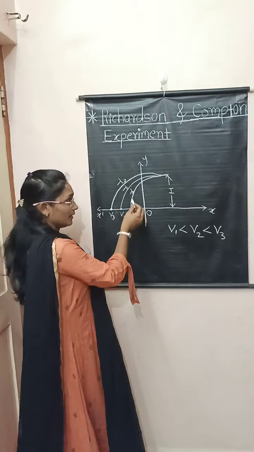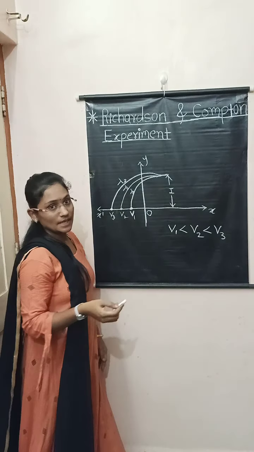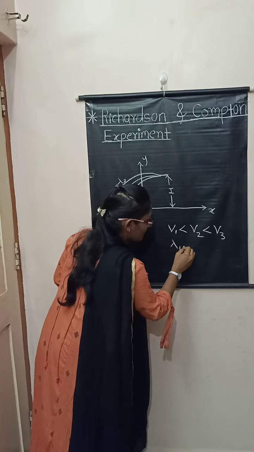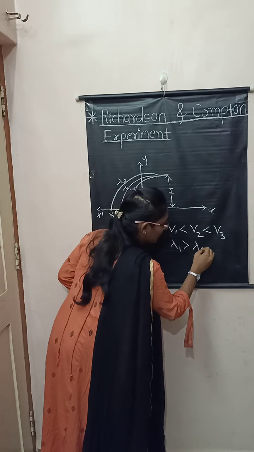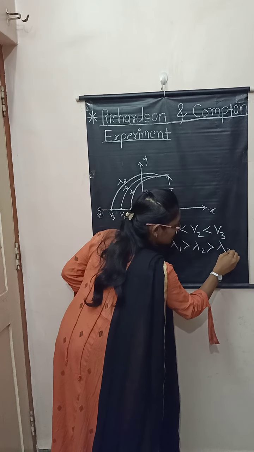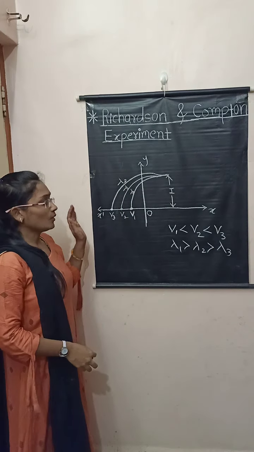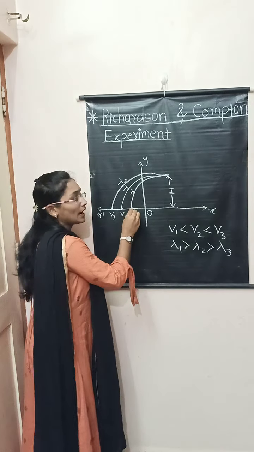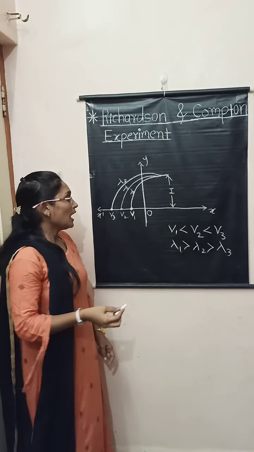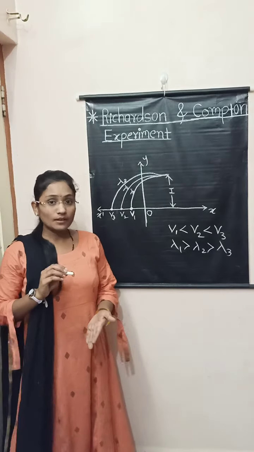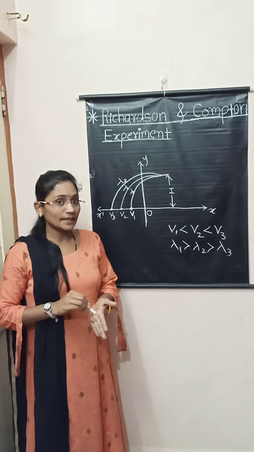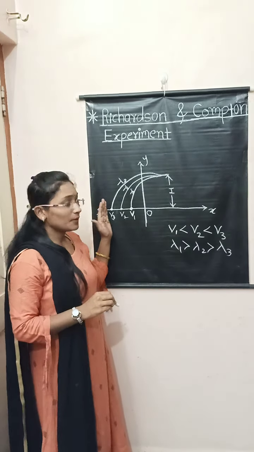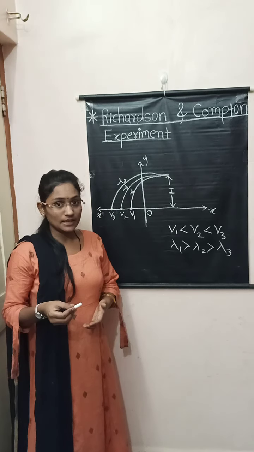That's why the value of lambda also increases, like lambda 1, lambda 2 and lambda 3. So in this graph, when the velocity or kinetic energy of photoelectrons increases, the wavelength of light also increases.